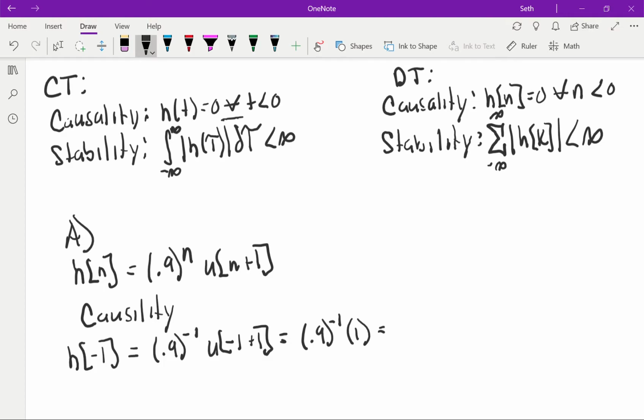And we can write this as 1 over 0.9, and whatever that is, it is not equal to 0, so the system is not causal.